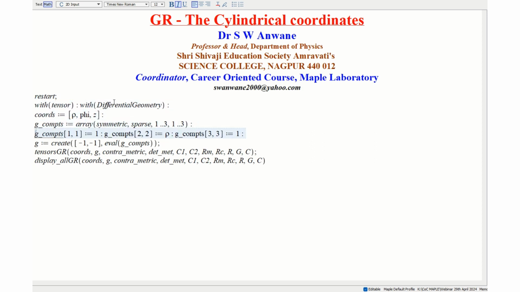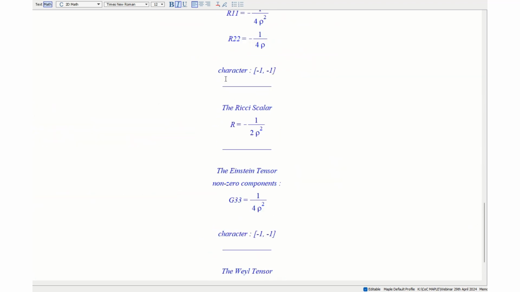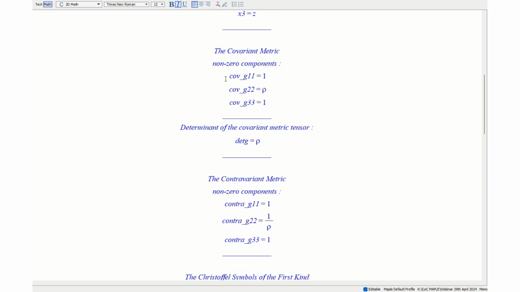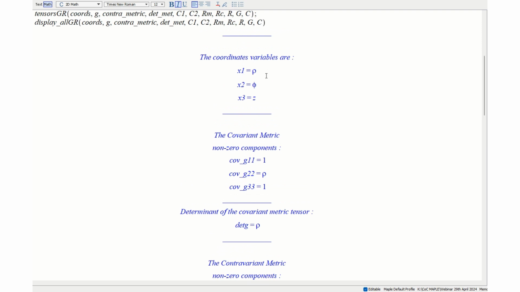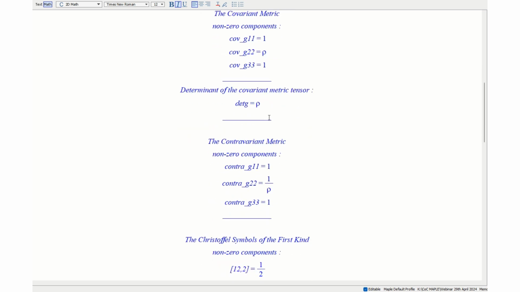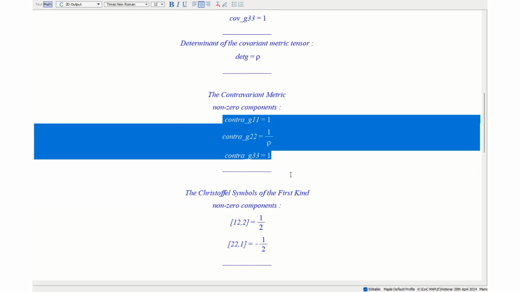and the sparse matrix will appear like this. Row 1 will have the non-zero diagonal elements, and for this we can find out the Christoffel symbol. Here you can see rho, phi, z, then you can see here the covariant components. Contravariant components are 1 upon rho 1.